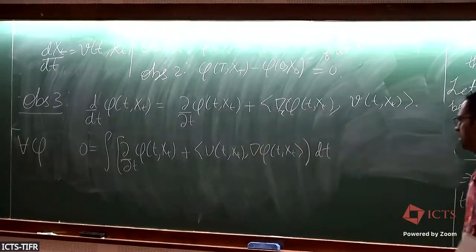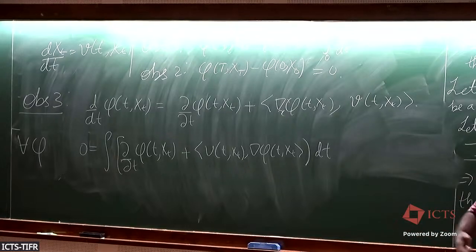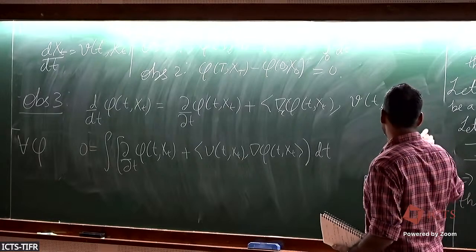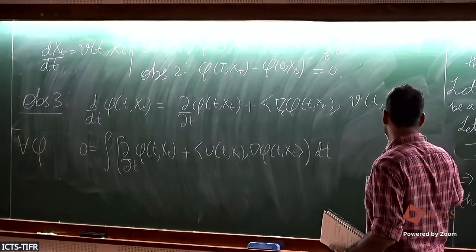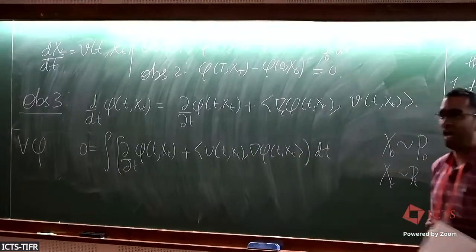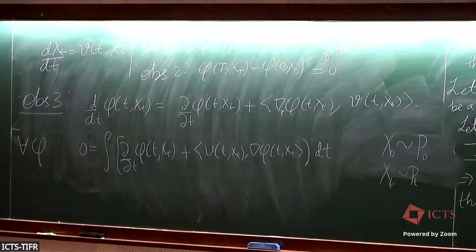If something is 0 all the time, then if you take expectation of this, it should be 0 all the time. Now let's say x_0 is distributed as some p_0, and we know that x_t is distributed as some p_t, and we'll take expectation on both sides, which to our surprise turns out to be 0.